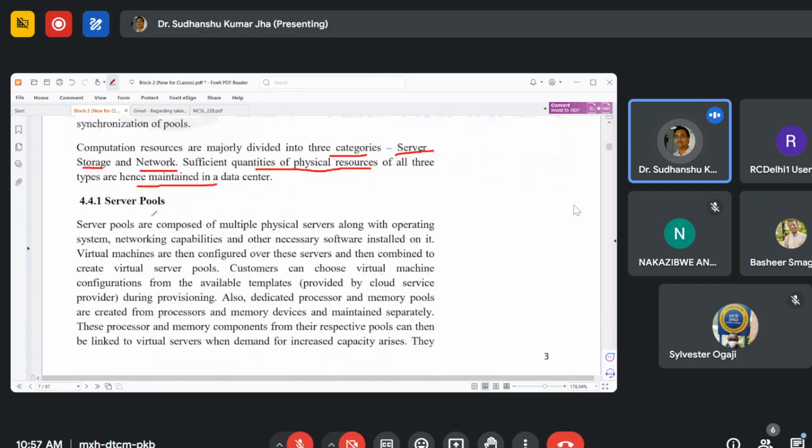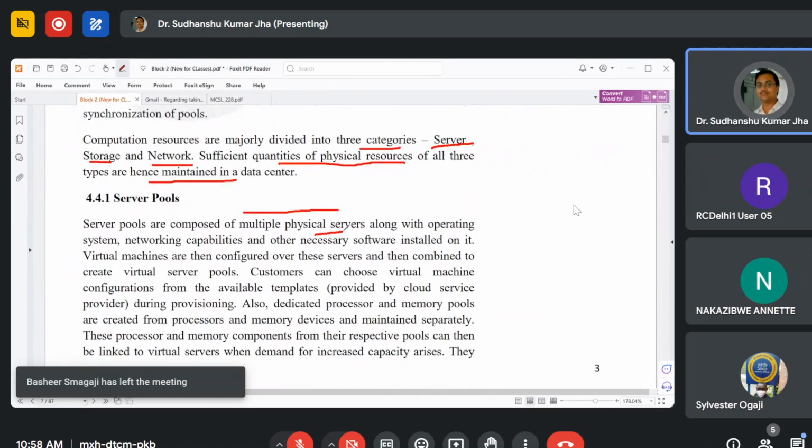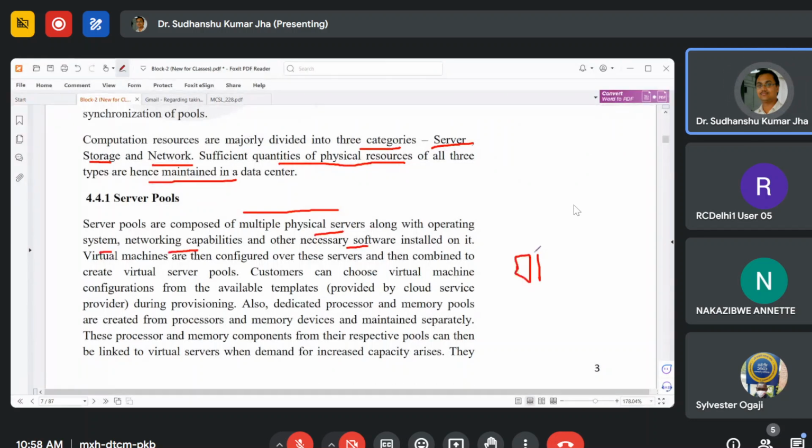In the case of server pools, they are composed of multiple physical servers along with their own operating system, network capabilities, and other necessary software already installed on them. I am the cloud service provider. I have multiple servers, and these servers are controlled by VMs.